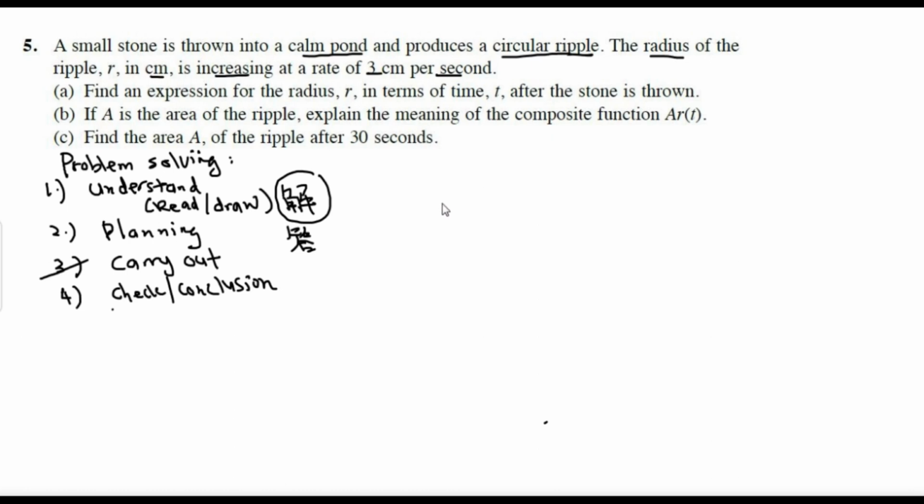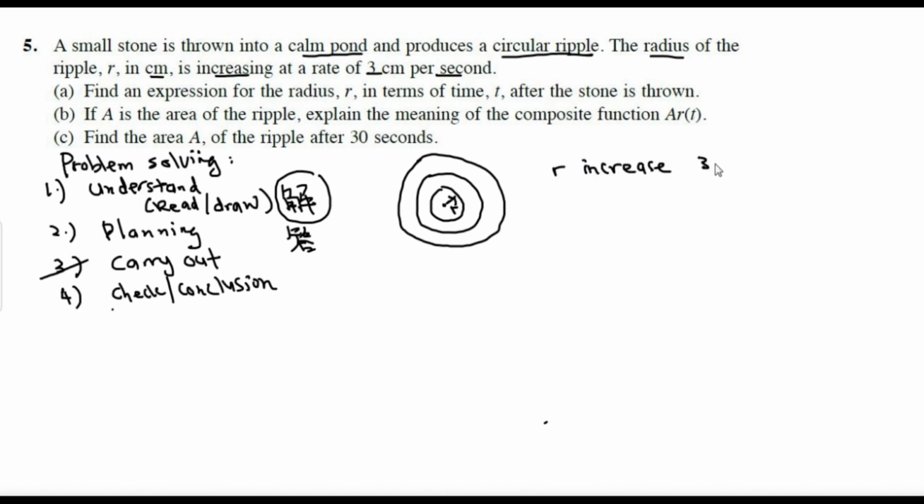The circular ripple is expanding. The radius expands by 3 cm per second. That is, in 1 second it increases by 3 cm.